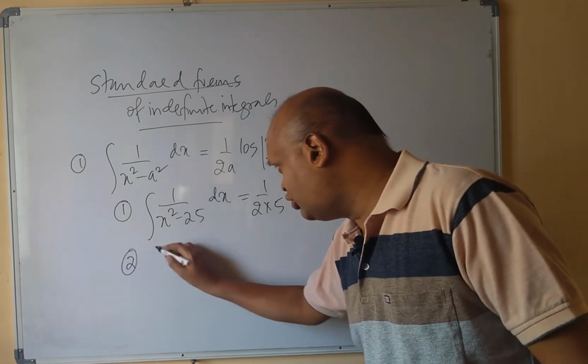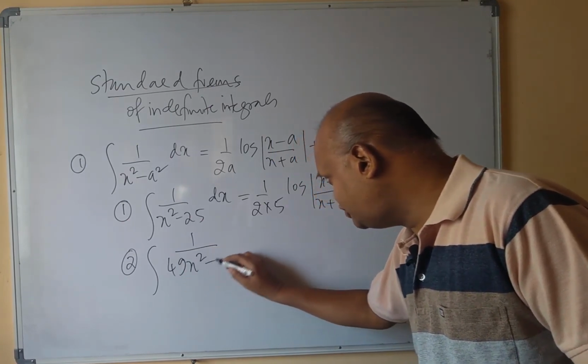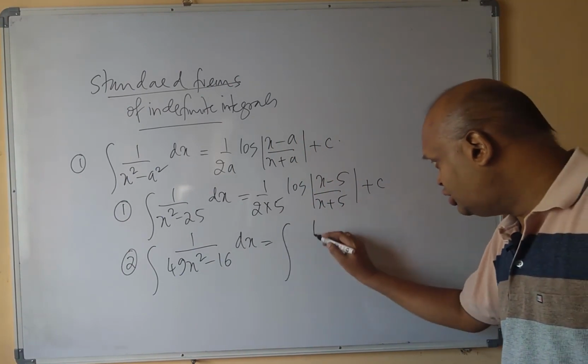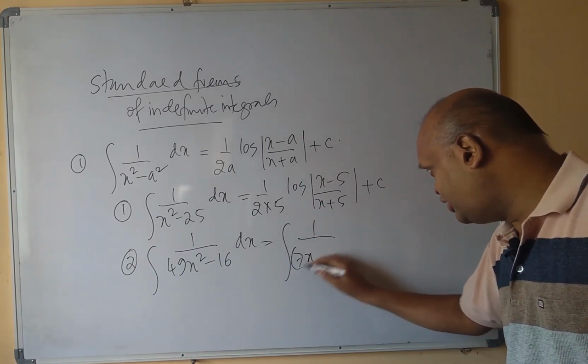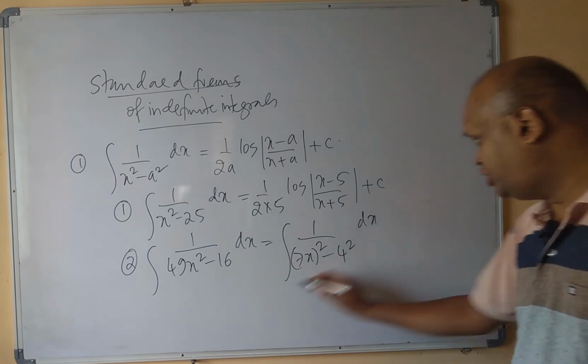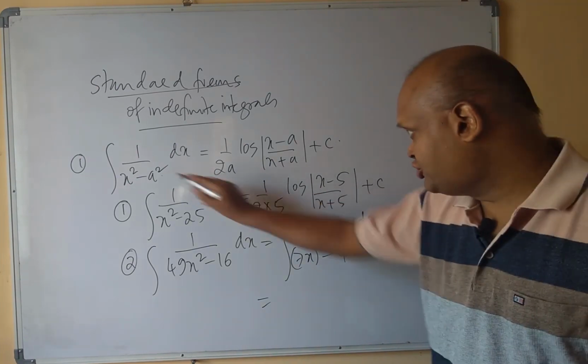Another problem I am going to discuss is 1 upon 49x square minus 16 dx. So 49x square can be written as (7x) whole square minus 4 square dx. Here a square is 4, so a is 4.